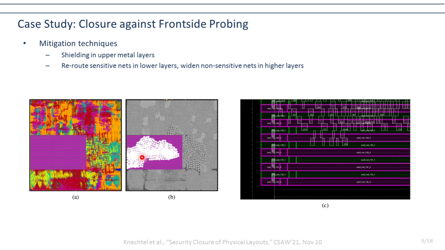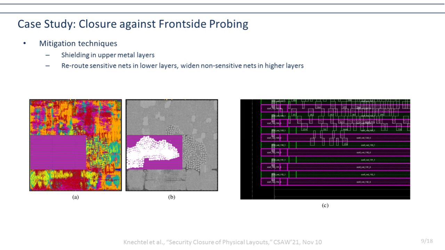And illustrated now here is also the placement of the sensitive module, which is basically hidden beneath this shield in the higher layers. And here on the right, we do see a zoom in on those dedicated metal structures which are now shielding from the top against such front-side probing attacks.